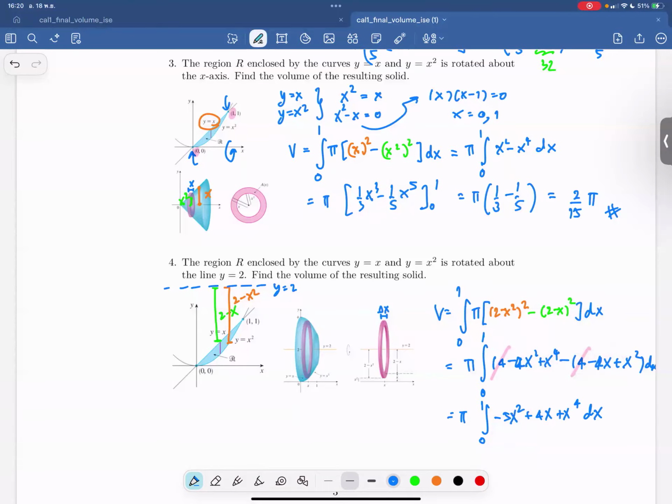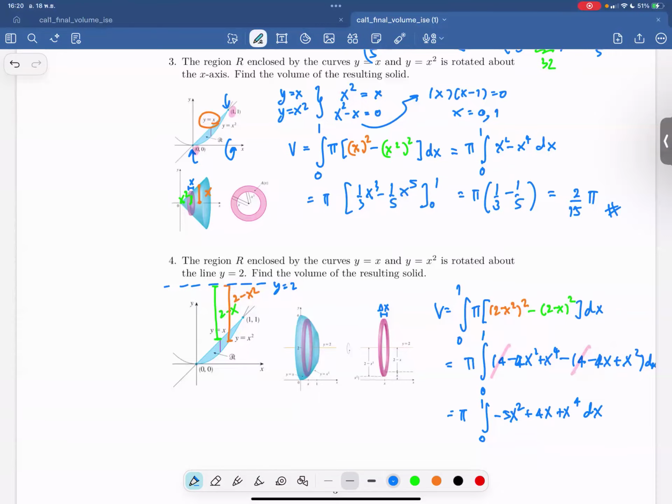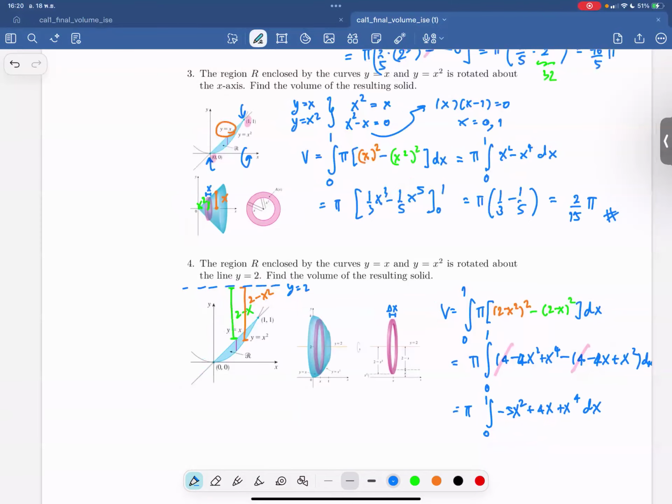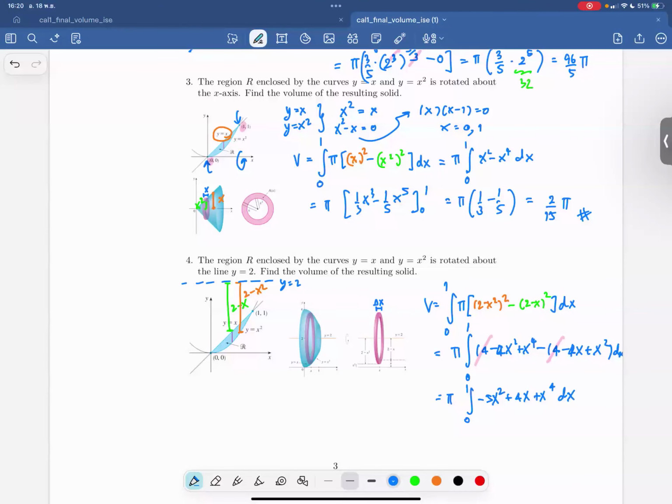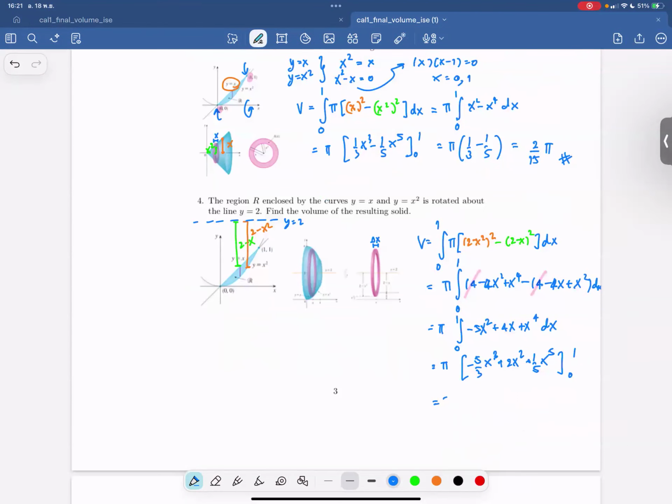Okay, and then with the simple calculation, we obtain minus 5 over 3 x cubed plus 2x squared plus 1 over 5 x to the power 5, from 0 to 1, and then plus 2 plus 1 over 5, which is 29 over 15, and then pi.